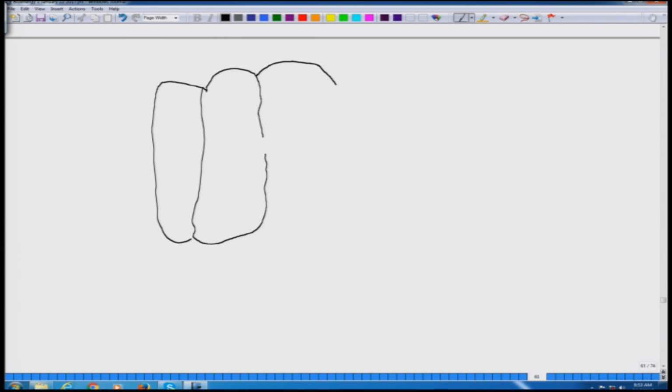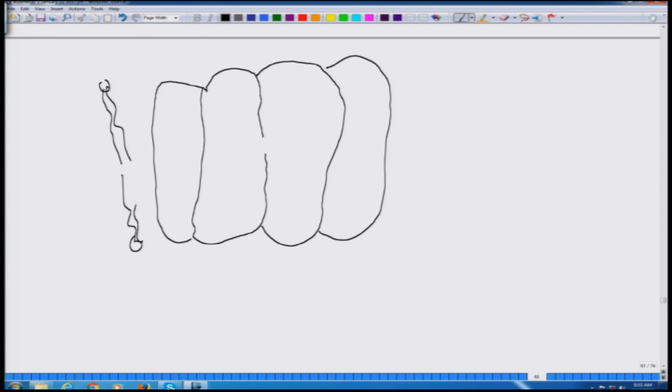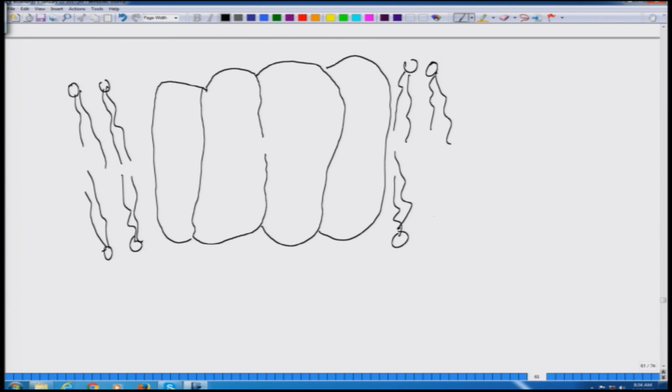So, this is how the structure looks, and this is how they are sitting on the membrane. You can refer to Stryer or Lehninger or any of the standard textbooks in biochemistry, or Voet.